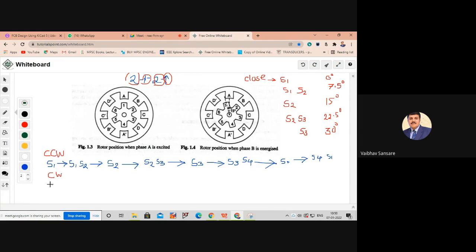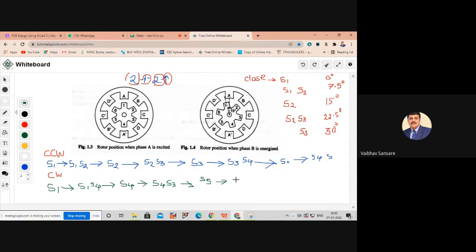So in this case, initially S1 is on, now 2 switches on, so we have to turn on S4. So S1, S4. Then we have to open S1 so that S4 is under on condition. Then by keeping S4 on, close S3. That means both S4 and S3 are under closed condition. Then open S4 so that S3 is only in closed condition.